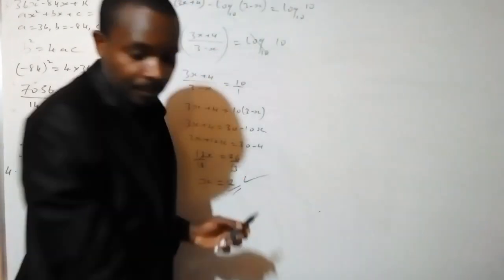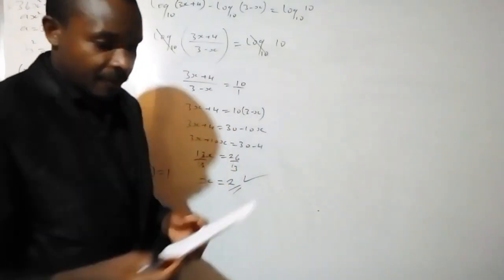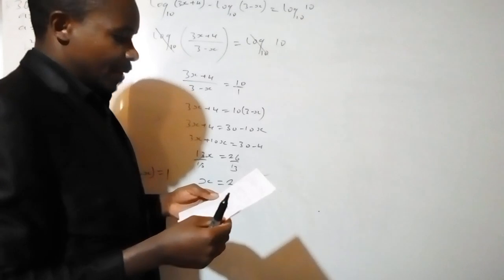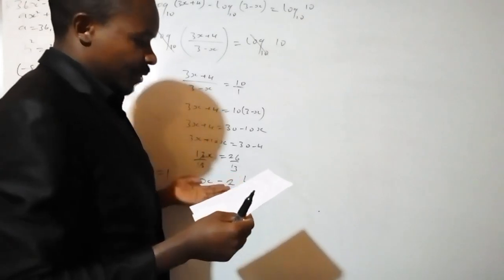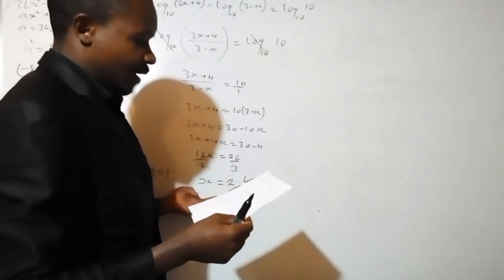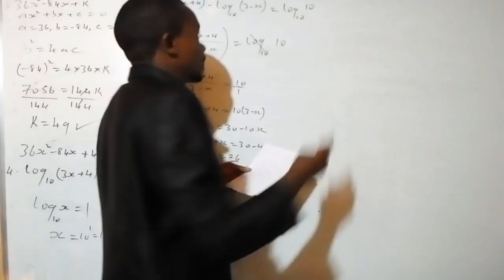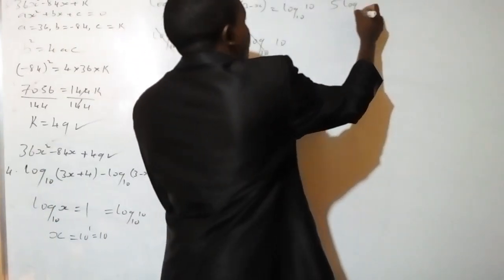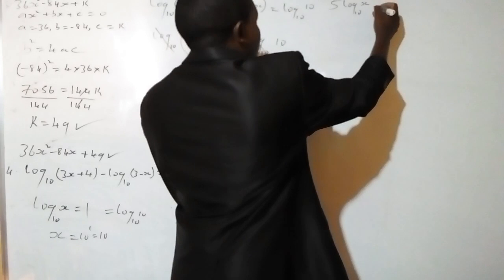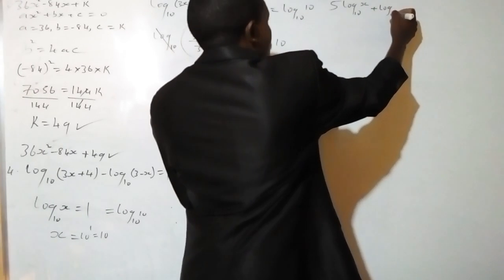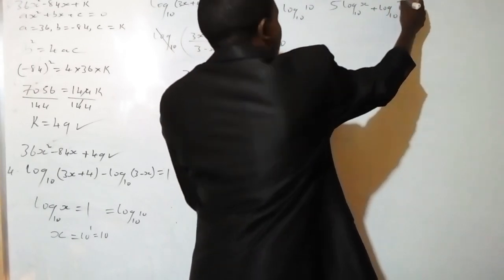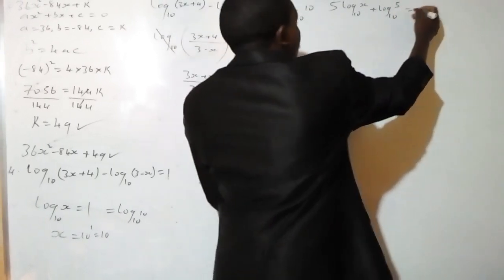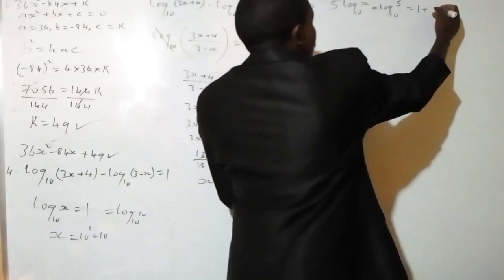You can solve a question similar to this. Let's have another similar one on logarithm. 5 log base 10 of x plus log base 10 of 5 is equal to 1 plus 2 log base 10 of 4.